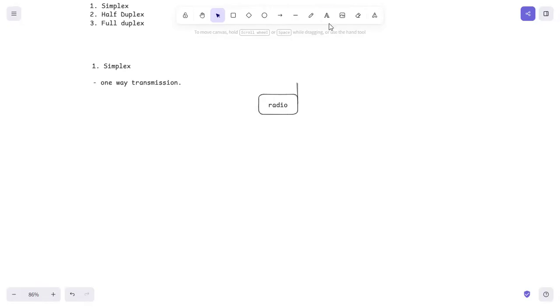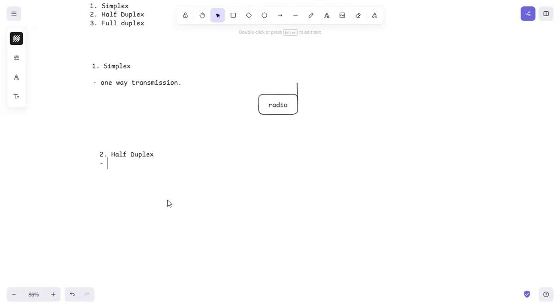Now the next is half duplex. Second is half duplex. Now what will happen in half duplex? You can send and receive messages, but not at the same time. Correct? Have you used a walkie-talkie? With a walkie-talkie, you talk and then you say over and then the other person starts talking.